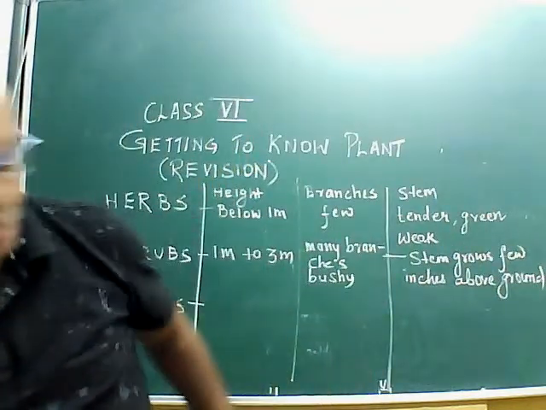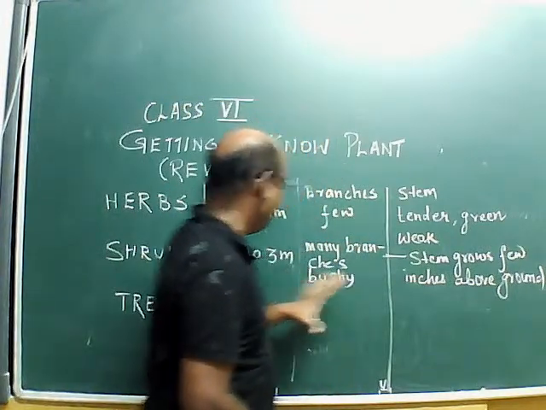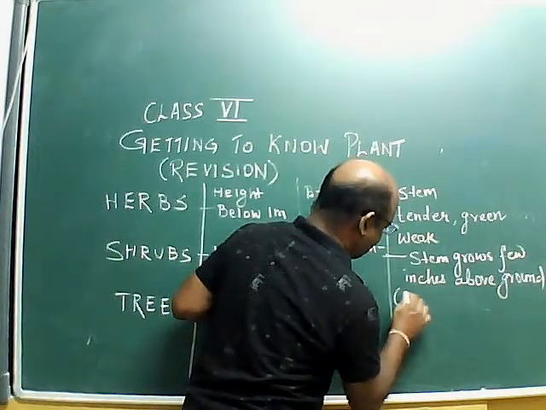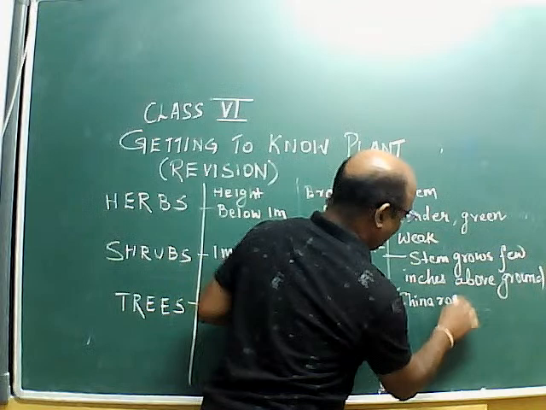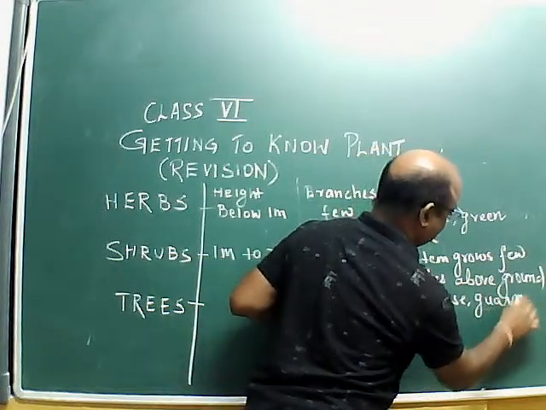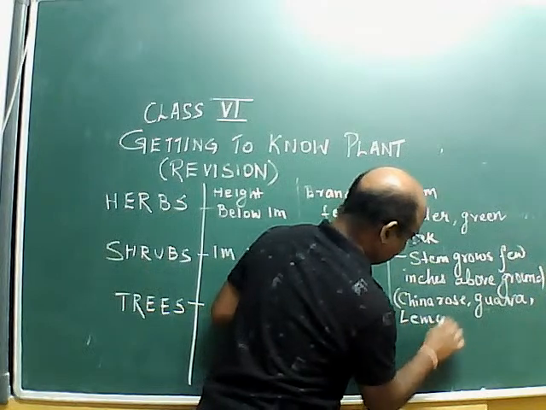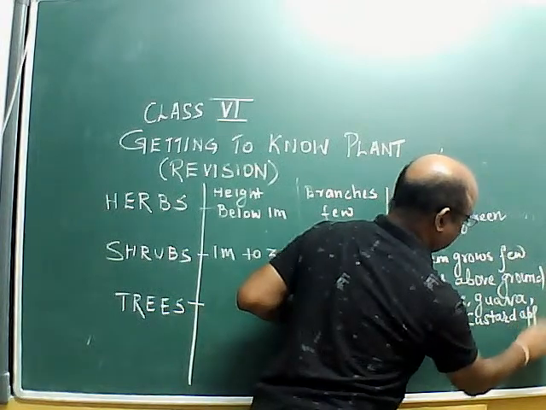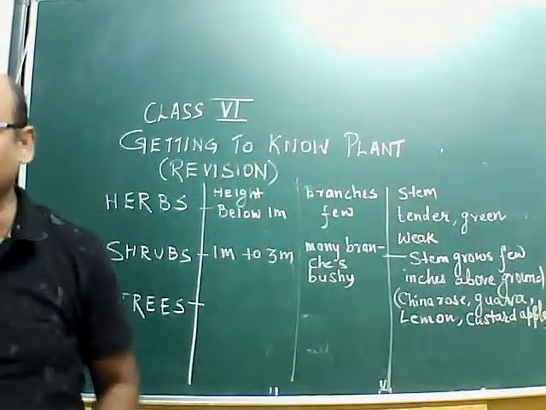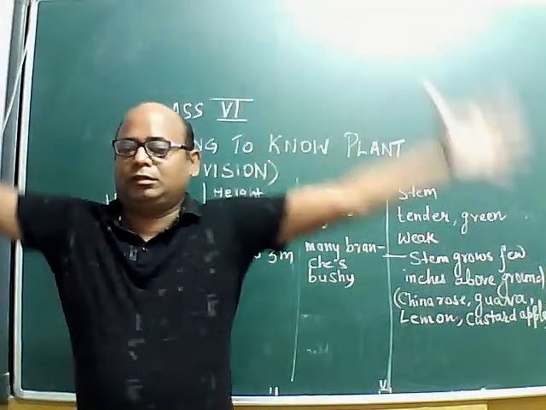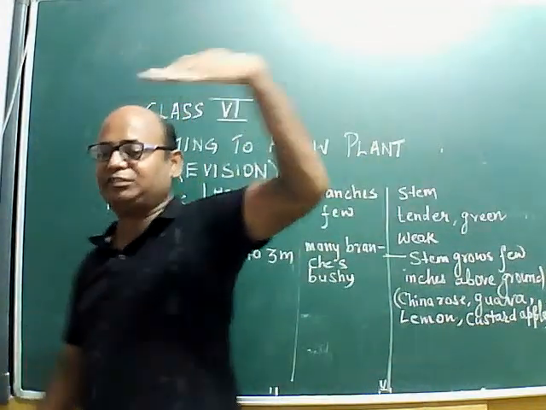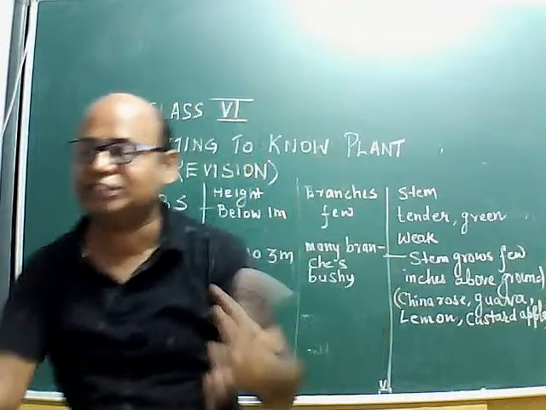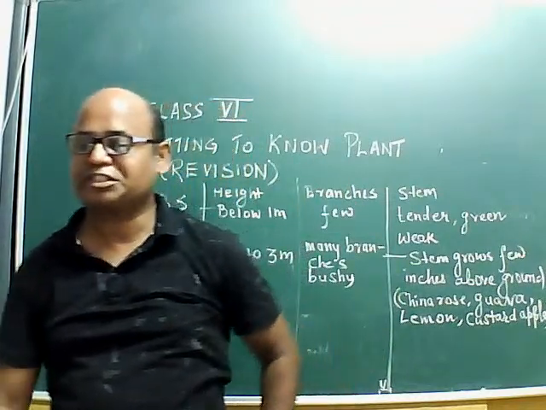Such plants are called shrubs. For example, China rose, guava, lemon, custard apple, which means sitaphal. All these plants give a bushy appearance, height is just above my height, not as tall as a tree. Such plants are included in shrubs.